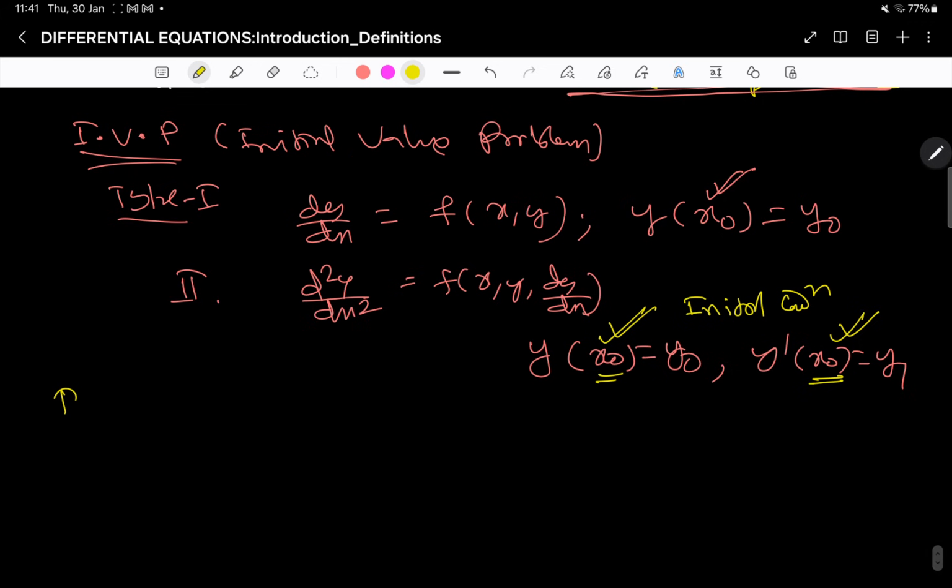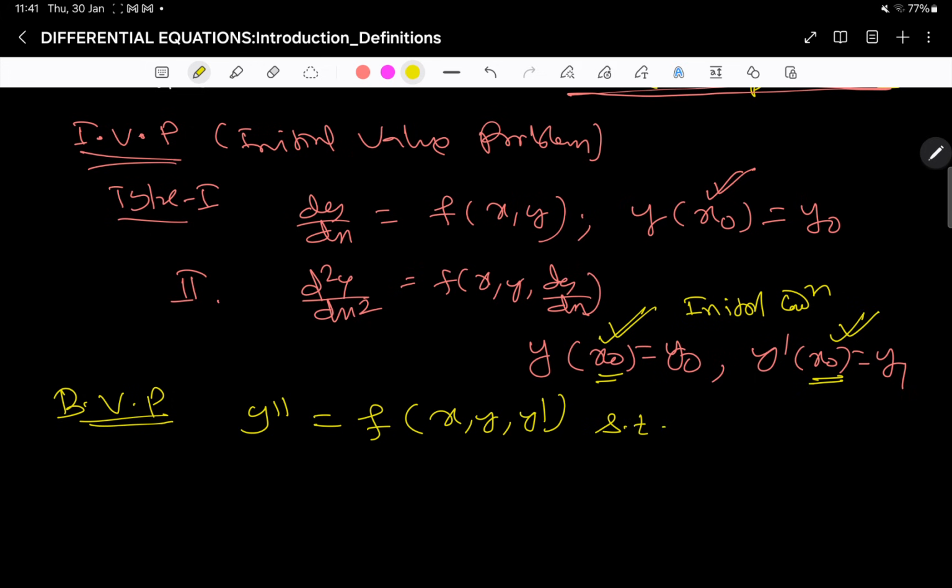Now coming to the BVP, boundary value problem, it is basically a second order or higher order differential equation. y'' = f(x, y, y'), which satisfies one of the conditions; the condition may be like this: y(x0) = a and y(x1) = b.